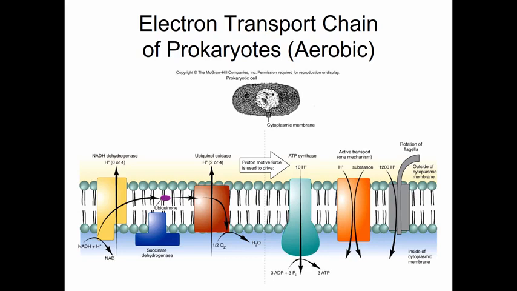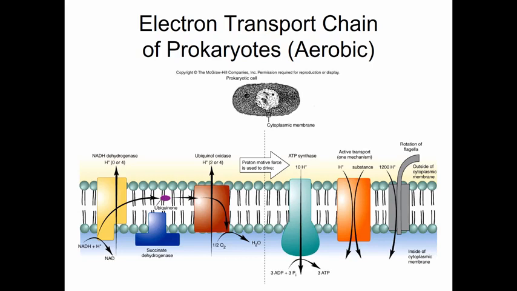When it gets here, it goes: electrons, protons, you're all kicked out. The electrons go through the membrane and come out to join with, in this case, oxygen. So what kind of respiration are we doing? Aerobic respiration.